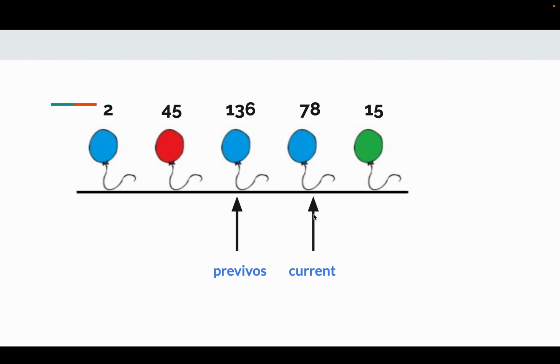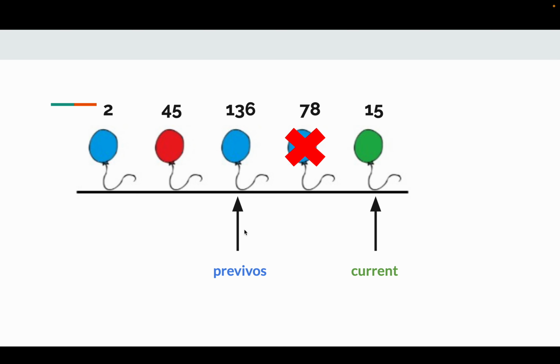In this case, the previous color is the same as the current color, so we remove the one with lesser time to remove, which is the one with 78 seconds. So we remove this one, and we don't need to update previous because the previous one still exists, and we still need to update the current index.